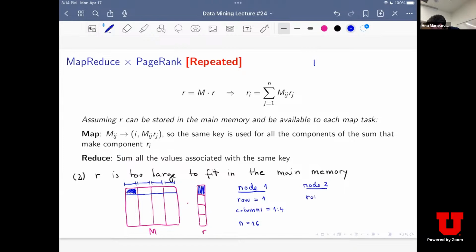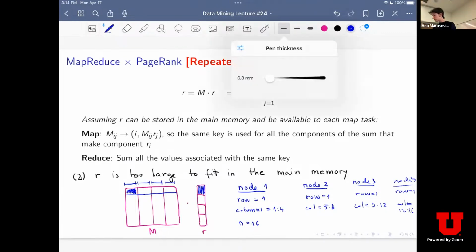You have row 1, columns 5 to 8. Node 3 would have again row 1 and columns 9 to 12. And node 4 would have row 1 and then columns 13 to 16. My brain is dead. Okay.